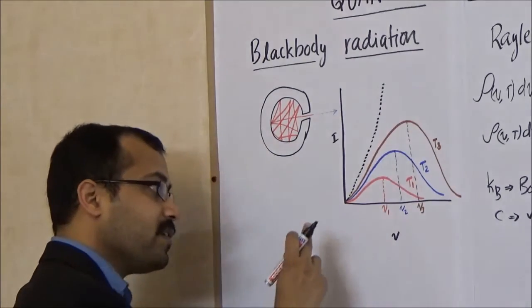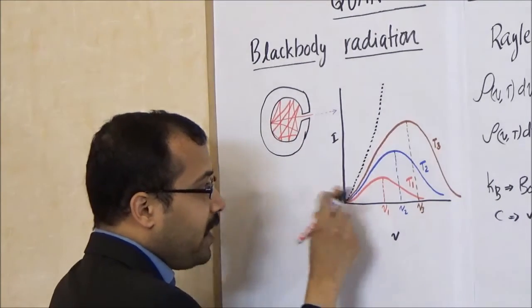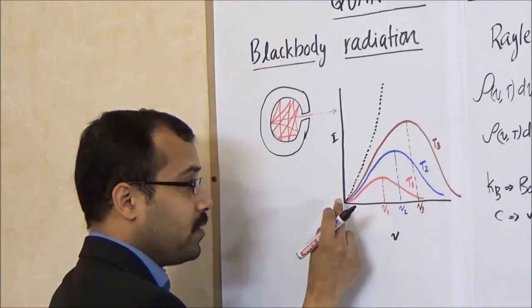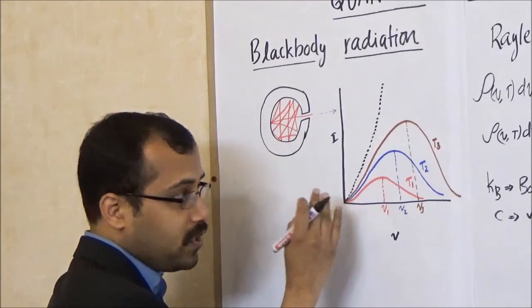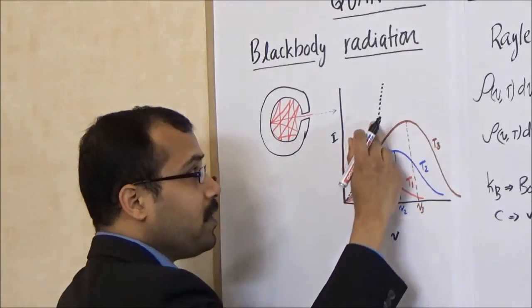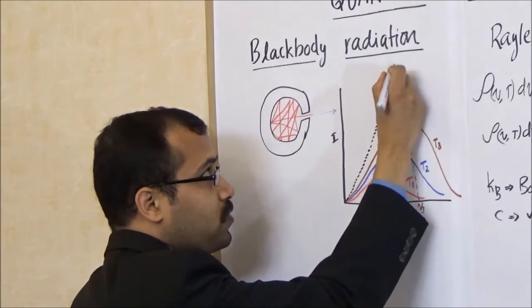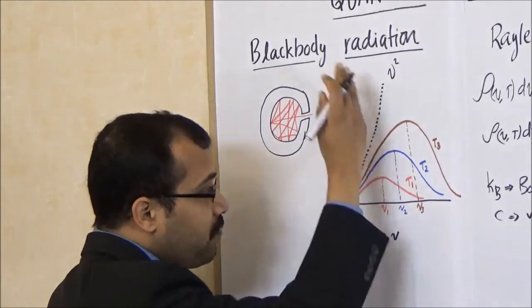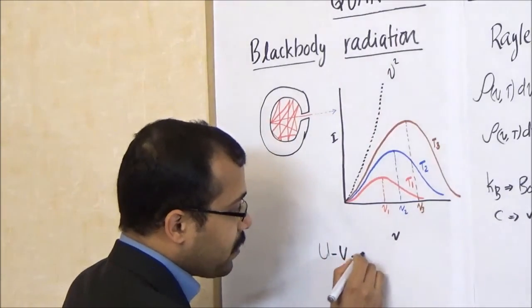Here we can see that the plot from the Rayleigh-Jeans law fits the experimental blackbody curves in the low frequency region. But if the frequency is increased, this diverges as nu squared. And this divergence at high frequency is called the ultraviolet catastrophe.